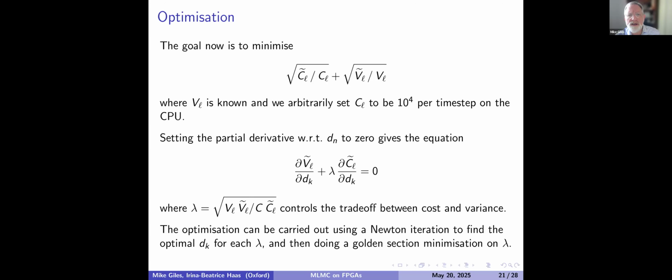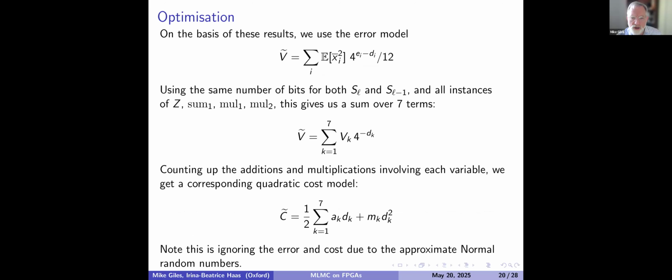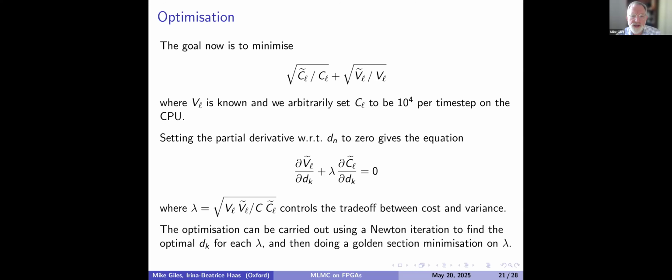Anyway, to minimize, we differentiate with respect to the number of bits, dk, in each of the variables. And I forgot to note on the previous slide, the key thing with that cost and variance model is it's a sum of terms, each of which depends only on 1 dk. So when we differentiate, we get this equation dv tilde dk plus lambda dc tilde dk.